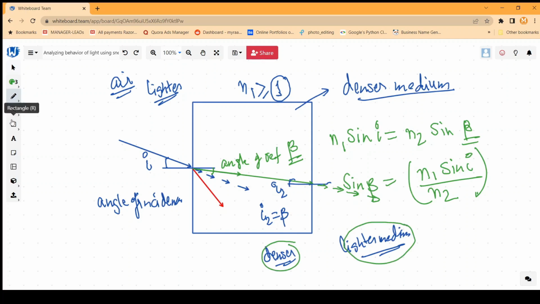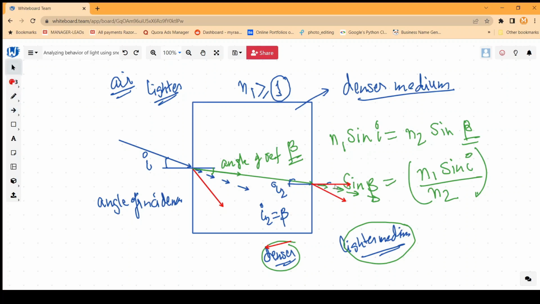So can we guess the light ray is going to travel like this or away from the normal like this? As the light is going from a denser medium to a lighter medium, we expect the light ray to refract away from the normal, and hence it is going to be like this, not this.